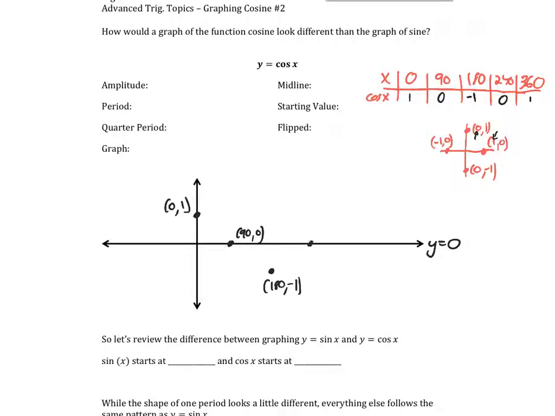Then I go up to 270, 0. And then I'm back up here to 360, 1. So if I were to make my graph and connect these, I get this kind of upside down bell, or kind of like a valley shape here. Almost like a bowl, okay?